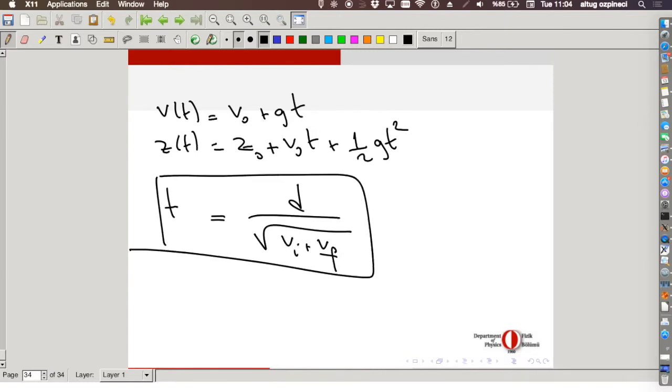If you check the dimensions, this is definitely wrong. It is meters divided by square root of meters per second, which gives square root of meters times second, which is not seconds. So this is definitely wrong.